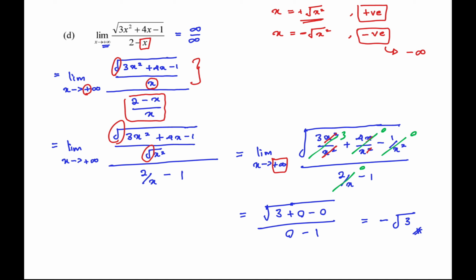Okay, now look at question E. Limit x approaches negative infinity of the function 4 minus x divided by square root of 3 plus 4x squared. Also the same thing, if we substitute directly, we get infinity divided by infinity.